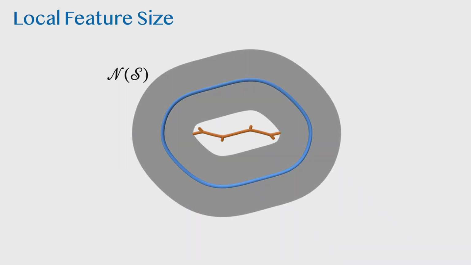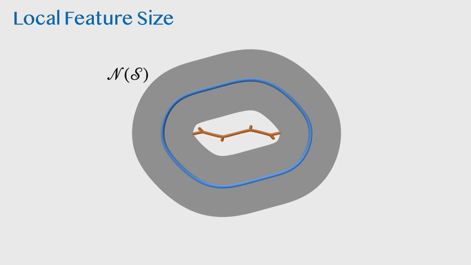So for general S, the closest point function is rarely unique on the whole embedding space, R^D. And the medial axis of S is the subset of the embedding space that has at least two closest points. Or in other words, it's the subset where your closest point function is not unique. But for smooth compact manifolds, the closest point function is always unique within a tubular neighborhood of your manifold. So this N of S is the tubular neighborhood, and it's constructed in a way to make sure you avoid the medial axis.